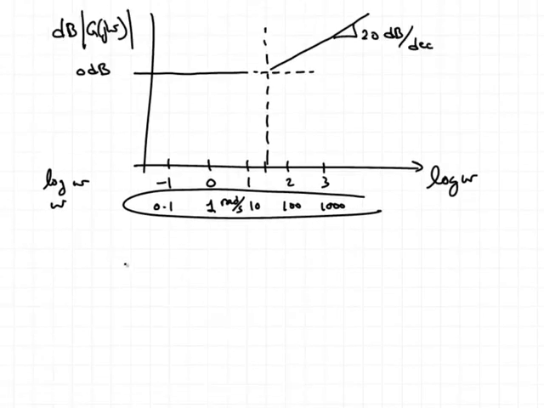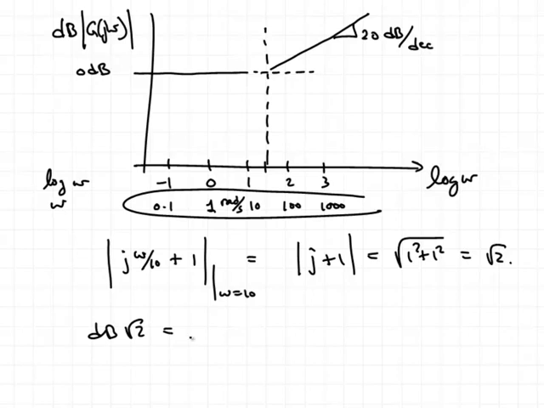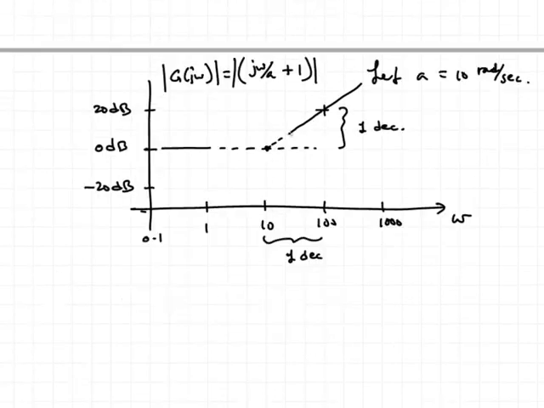Just to be explicit, we have j omega over 10 plus 1. We're saying, what is the magnitude of that when omega is equal to 10? Well, it's equal to magnitude of j plus 1, which is square root of 1 squared plus 1 squared, or root of 2. And the decibel value of root of 2 is approximately 3 dB. So at omega equal 10, we're at 3 dB, which is about here. I mean, that's 4.